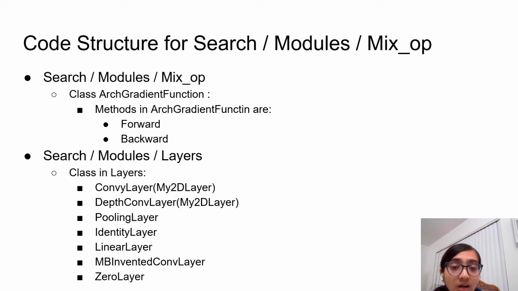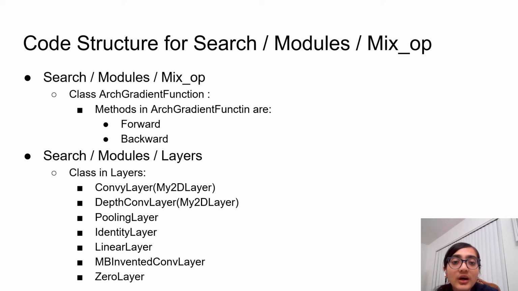The next class, which is layers in modules, has got different types of layers. Those are convolutional layers, depth convolutional layers, pooling layer, identity layer, linear layer, MB inverted convolutional layer, and zero layer.